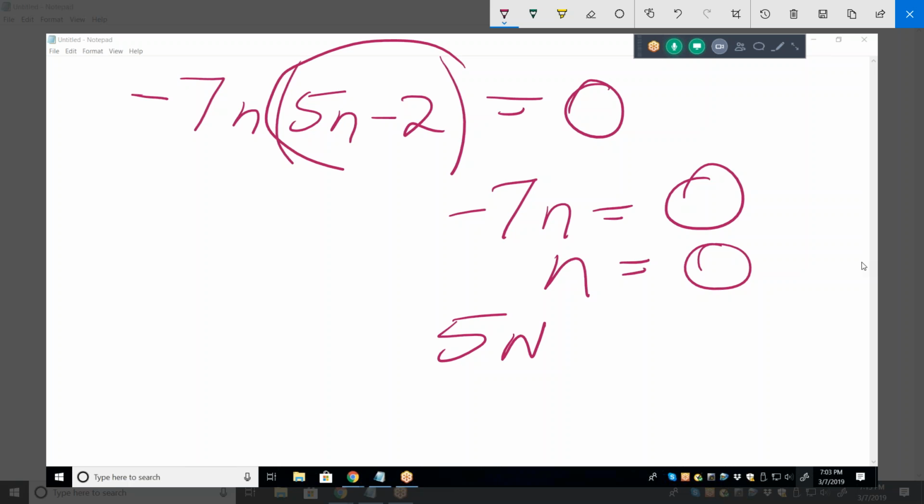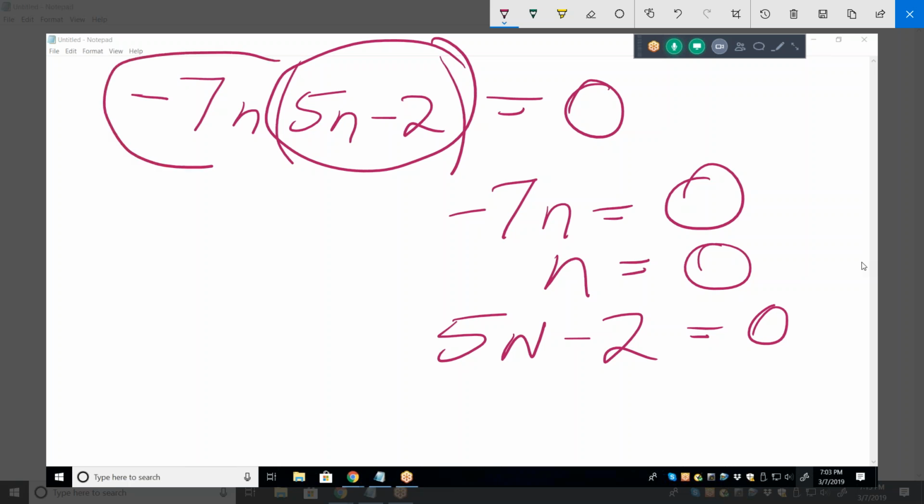That whole thing is what's multiplying this minus 7n. So 5n minus 2 equals 0. In other words, you have 2 things being multiplied together. You have minus 7n multiplying 5n minus 2. So you set each of them equal to 0 and solve.